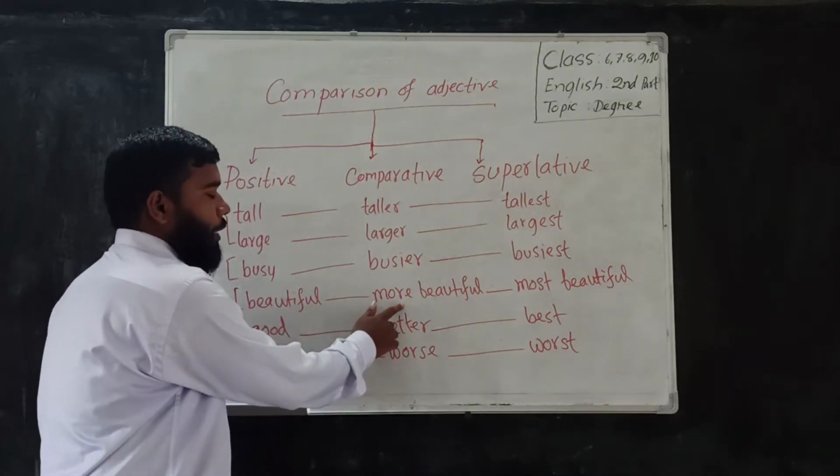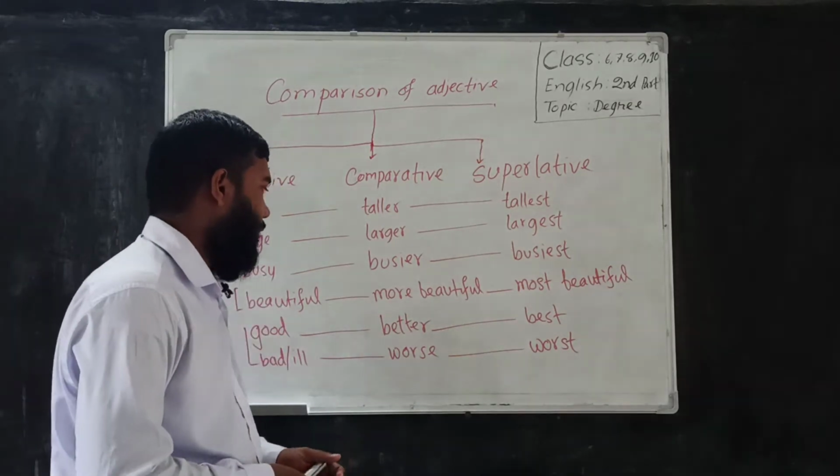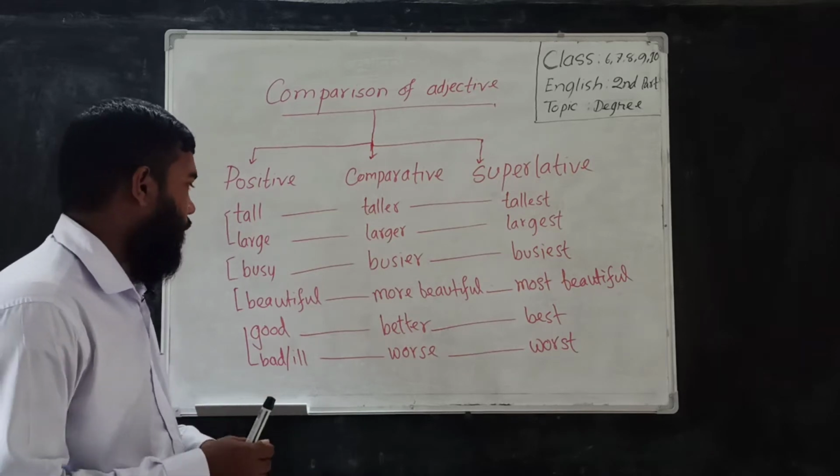Beautiful, comparative, more beautiful, and superlative, most beautiful. Okay, dear students, if you find these types of word, you will have to change them in this way.